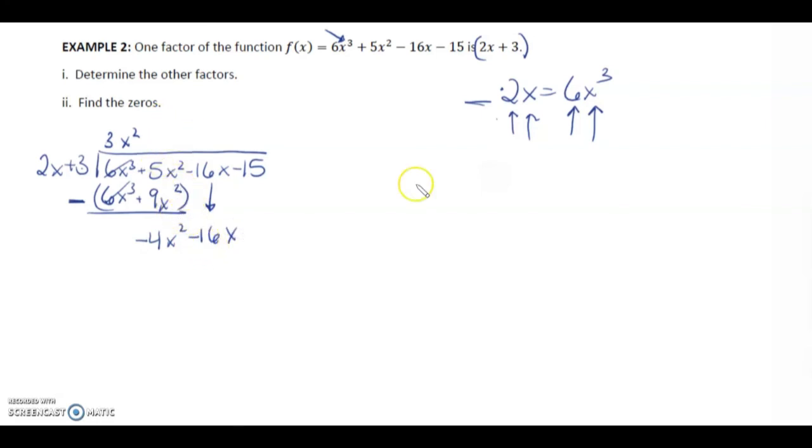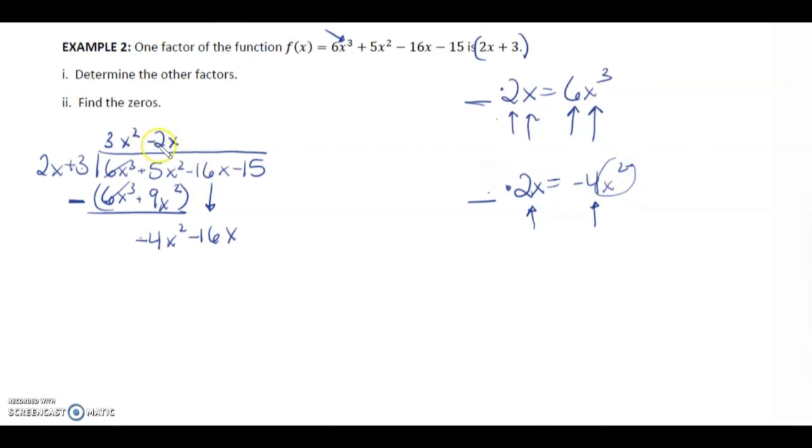What times 2x is going to give us the negative 4x squared? Let's look at the coefficient. What times 2 gives us negative 4? Negative 2. Let's look at the variable. What times x gives us x squared? Well, x.